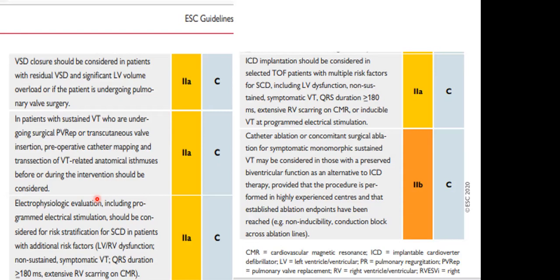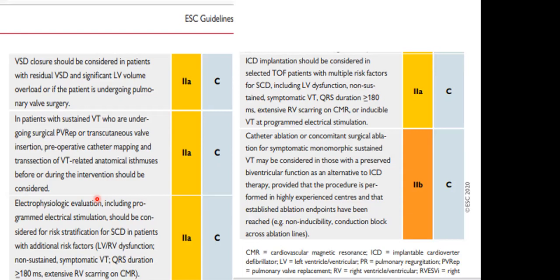ICD implantation should be considered in selected TOF patients with multiple risk factors for sudden death, like patients who have a prolonged QRS complex of greater than 180, or patients who have extensive right ventricular scarring on cardiac magnetic resonance. Such patients should have an ICD done to prevent VT or sudden cardiac arrest from occurring over time.